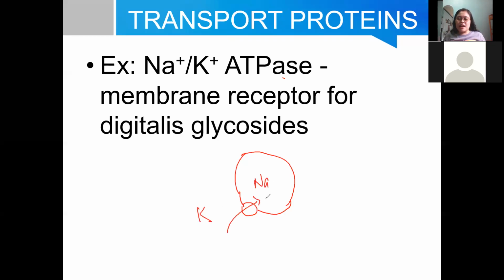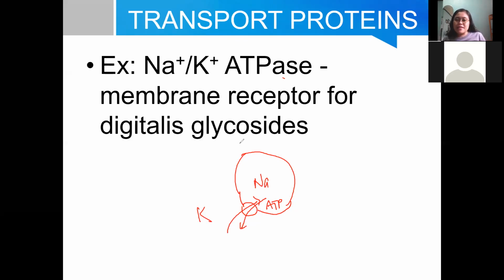They exchange through the help of ATP. Meaning, before sodium and potassium can exchange inside our cells, energy is needed. They pass through our transport protein or pump, called sodium potassium ATPase.